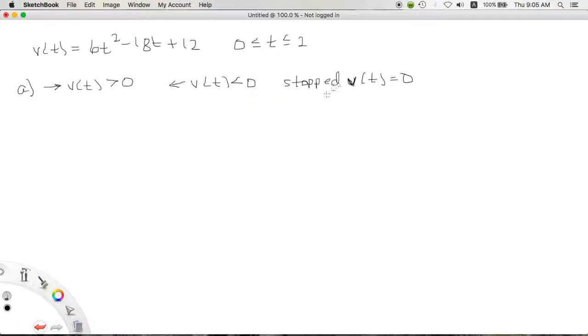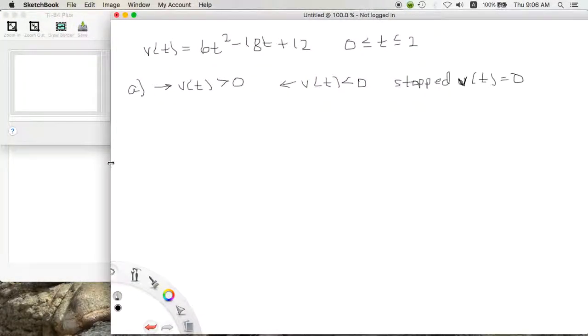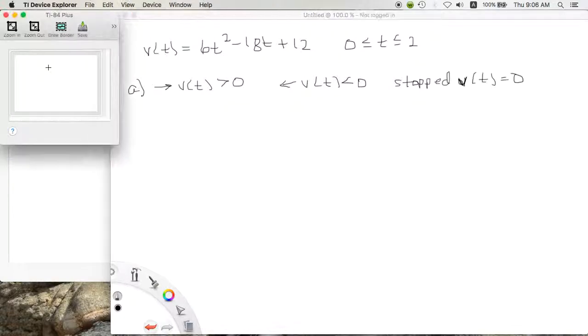So when we look at that, you can graph it. So let's see if we can actually get our graph to work here.